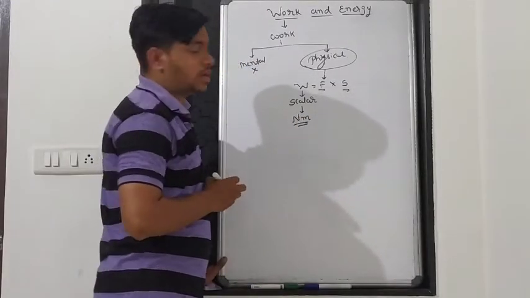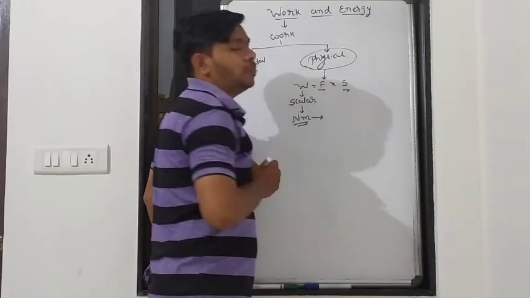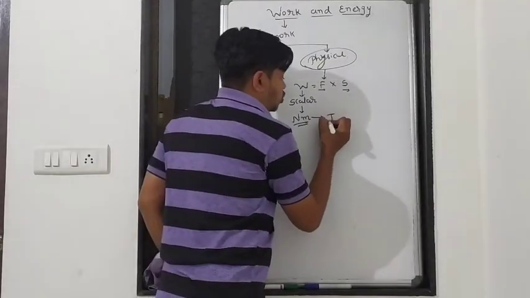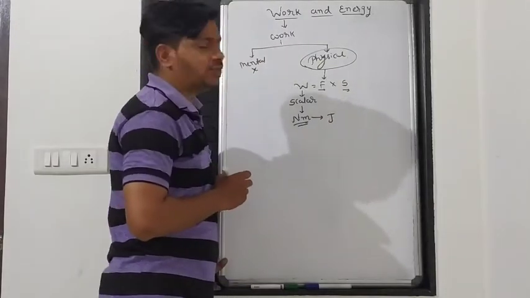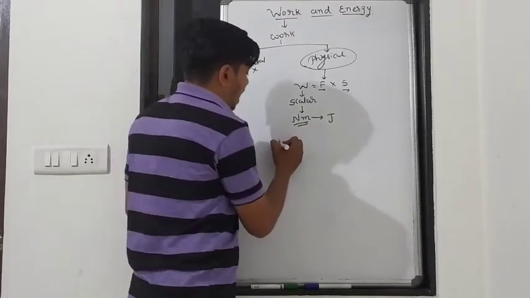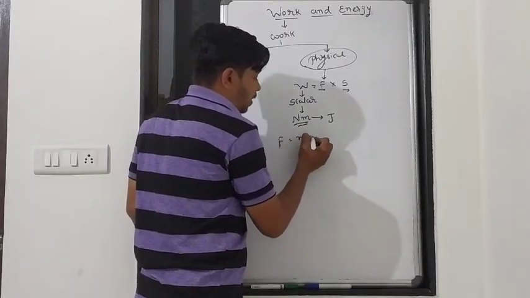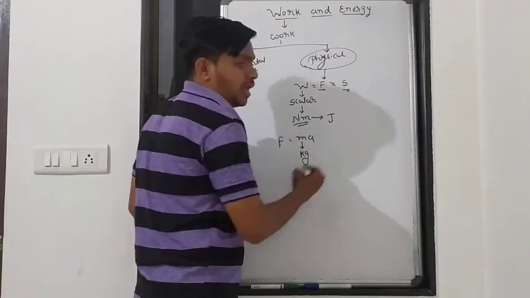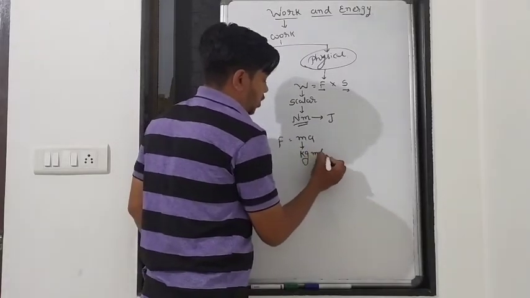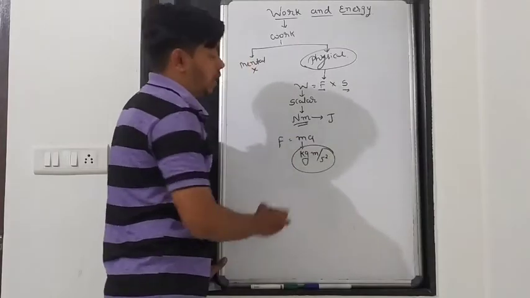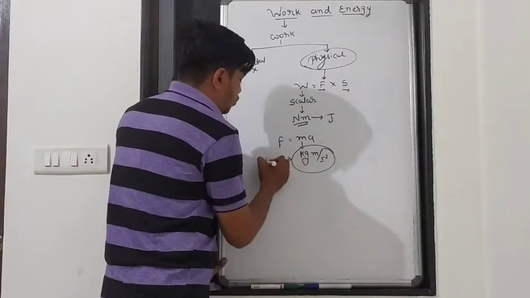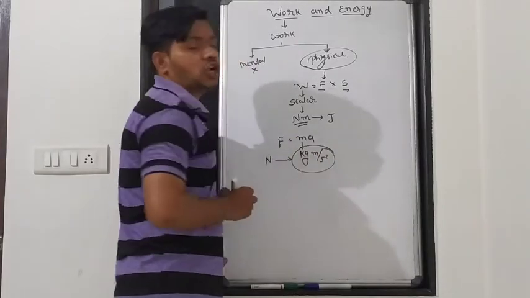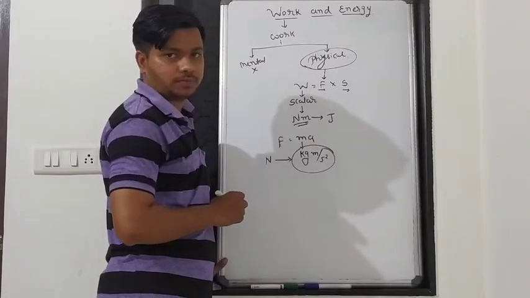But this Newton into meter is also known as joule. As we have seen in force, F is equal to ma, where M stands for kg and A is meter per second square. After that, we call the unit of force a Newton instead of kg meter per second square.